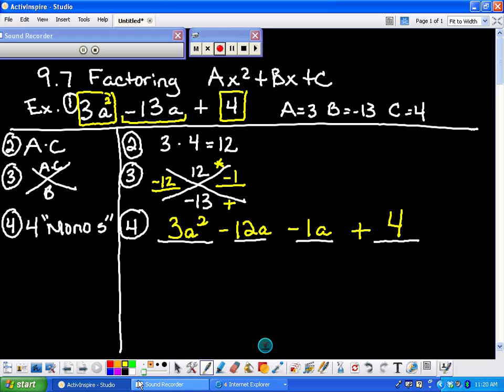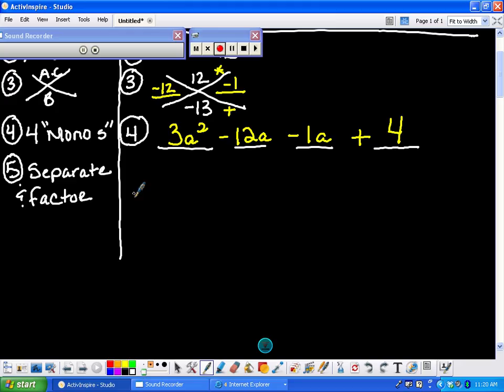Our fifth step is to separate and factor. I'm going to take these first two and these last two, separate them, and then factor them.